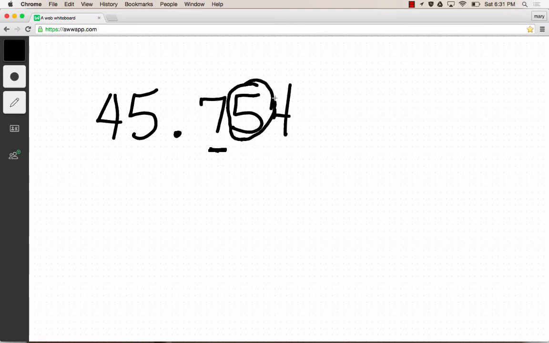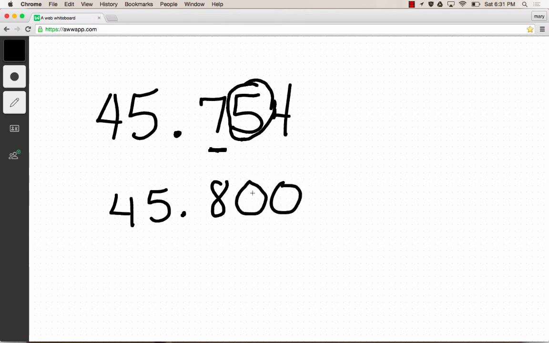This tells me that the 7 needs to go up 1. So I have 45 with my decimal, and 8 tenths. Now, with a decimal, you can make these zeros. That's not going to change the value of your number, so they're not necessary. They're certainly not wrong, but they're not necessary. We still have 45 and 8 tenths. So check that one.